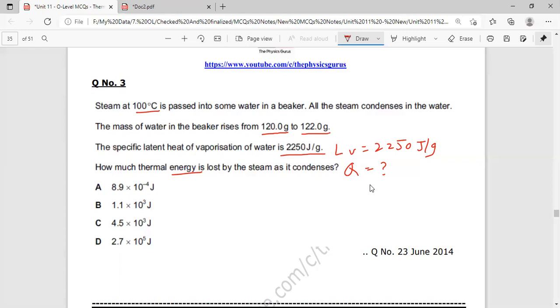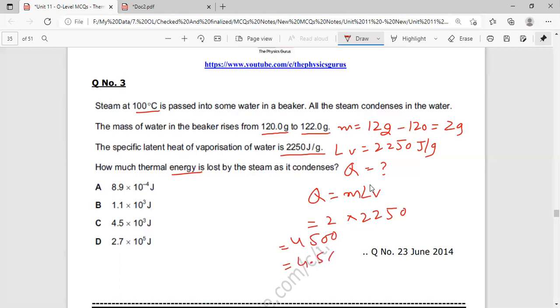Yes, we will take the difference of these two masses. 122 minus 120 is equal to 2 grams. Now we substitute the values. Q is equal to MLV, 2 into 2250, so it will be 4500, and in standard form 4.5 into 10 to the power 3. So which option is correct?